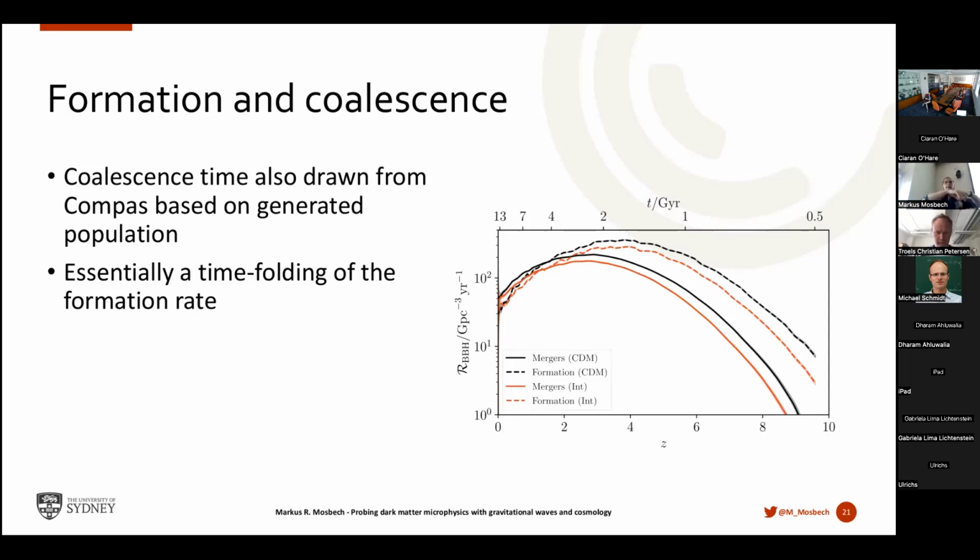That has some probability distribution, and these are then just drawn from that. We do the time folding so that formation rates that look like this for a lambda CDM and an interacting scenario will give us merger rates that look like this. So it looks the same, but slightly lower and delayed.